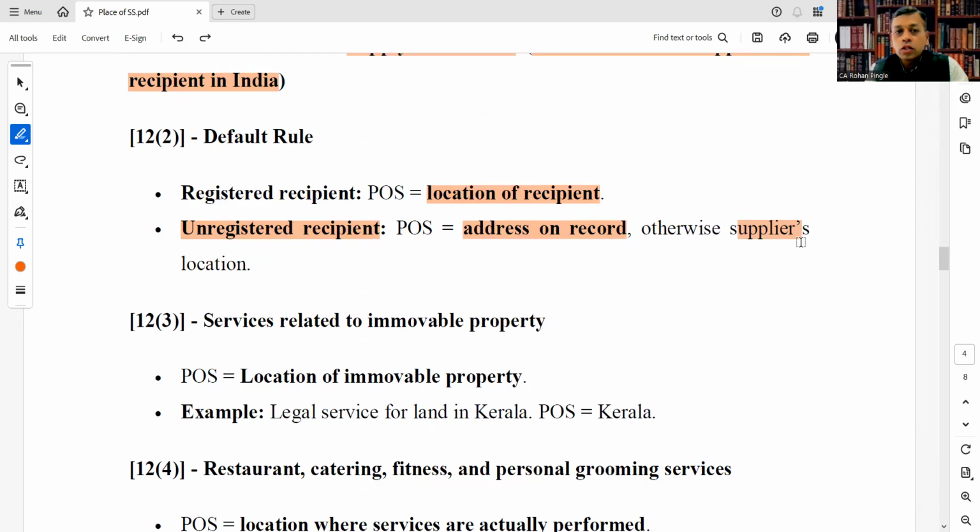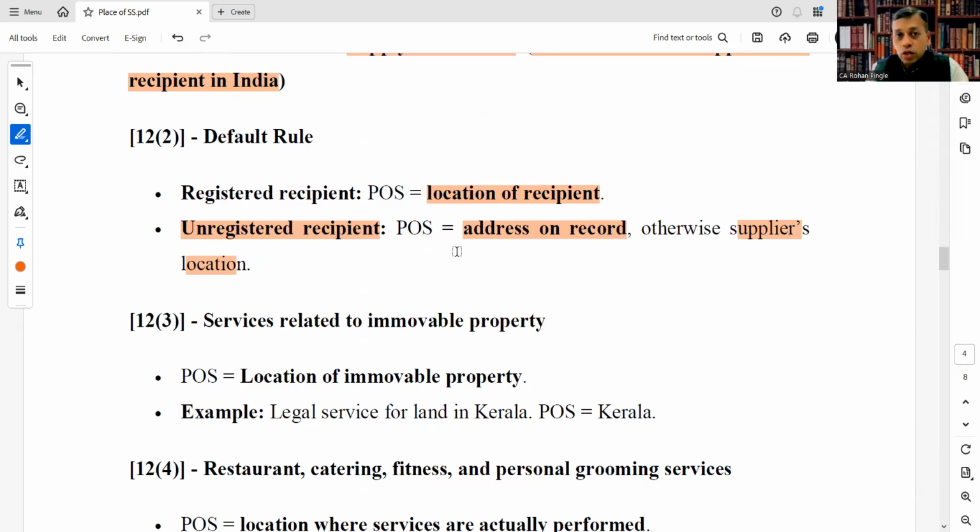Otherwise, supplier's location. Same as in goods, where in case of an unregistered recipient the address is not mentioned on the tax invoice, like the retail store example, the store's address will be treated as the place of supply.